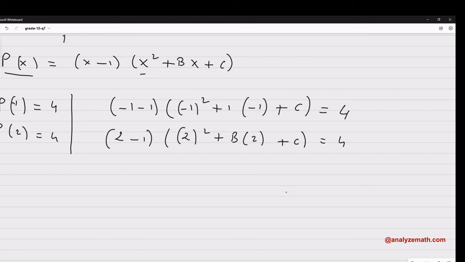Good, so let's call them equation 1 and 2 and simplify them.